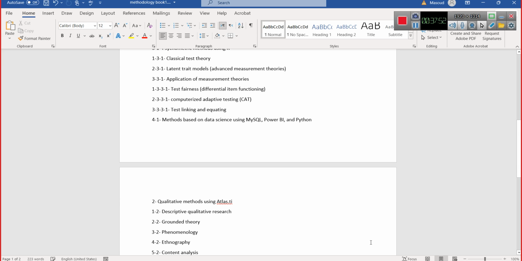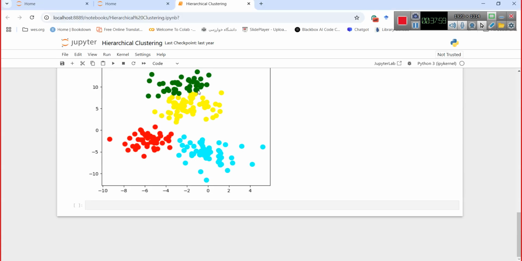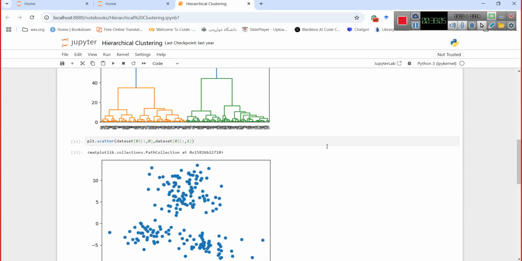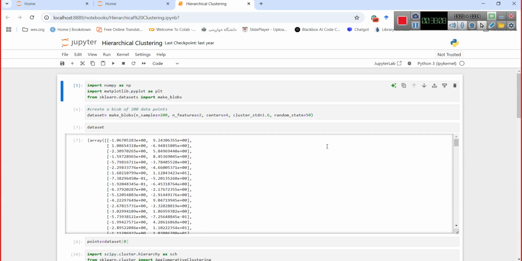Using software like Python and features like Jupyter Notebook can help you do the coding for machine learning analysis.